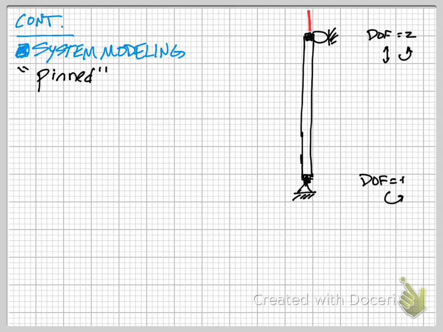We know we're loaded axially. And I'm going to assume only. What this will do is help us with our AX and BX when we get to our free body diagram.